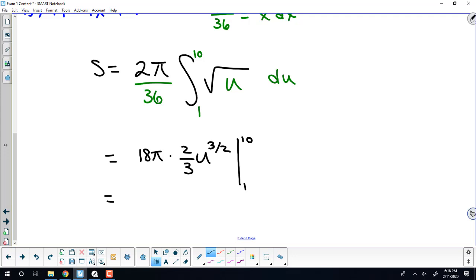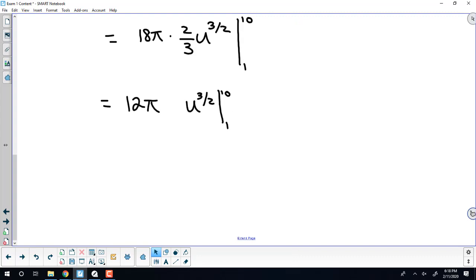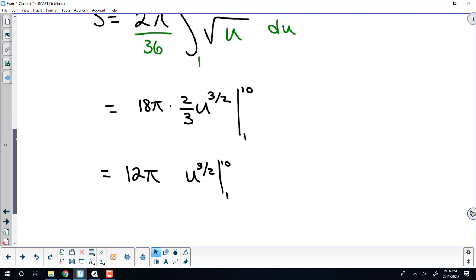Simplify that: 6 pops out, 18 divided by 3 times 2. 6 times 2 is 12 pi. And then we'll just evaluate the u to the 3/2 from 1 to 10. Okay. That's pretty much it.